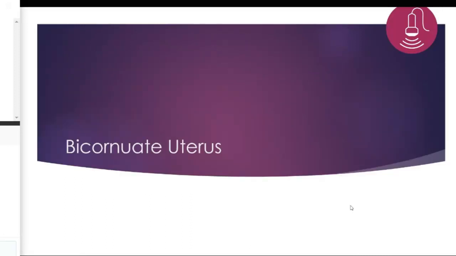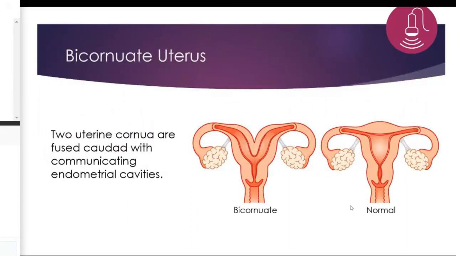So moving on, bicornuate uterus. Talking about a unicornuate uterus, uni meaning one, and then bi meaning two. So a bicornuate uterus is when two uterine cornua are fused caudad with communicating endometrial cavities.